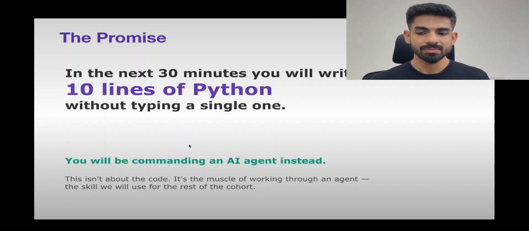In today's class, you will be writing 10 lines of Python code, irrespective of whether you know Python or not. This course is for non-tech people who want to learn AI, and even for tech people who want to see how to work with AI applications.